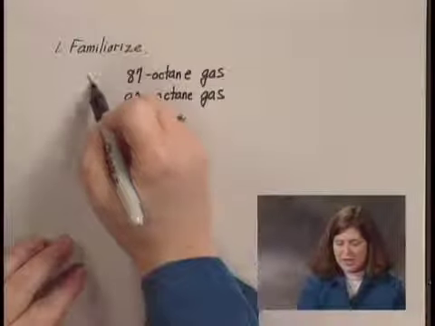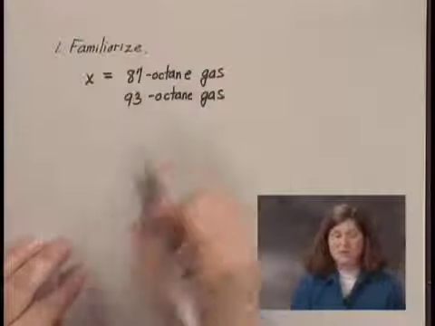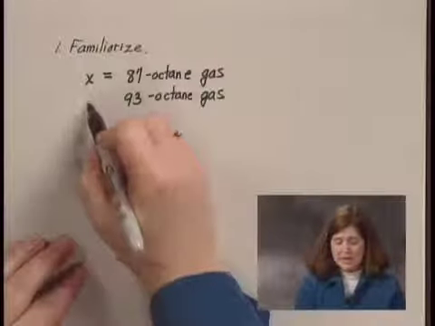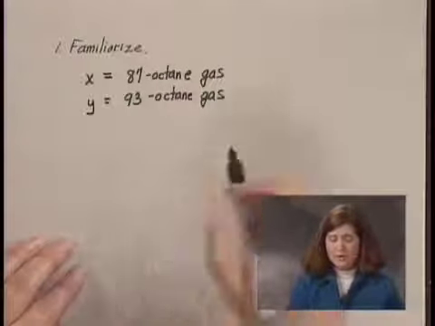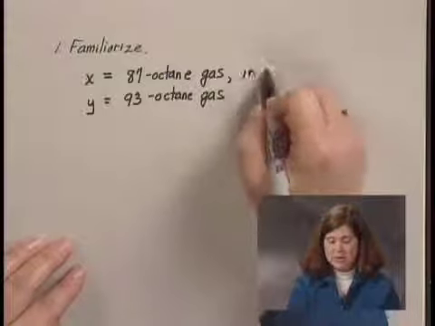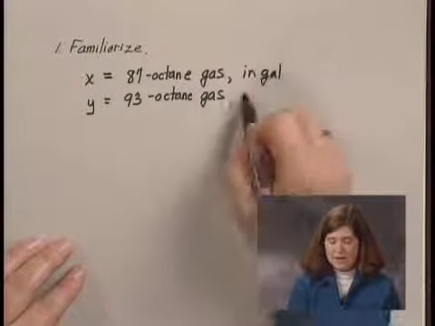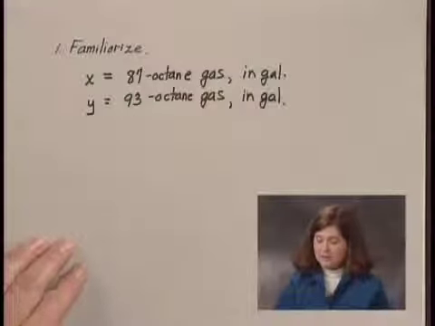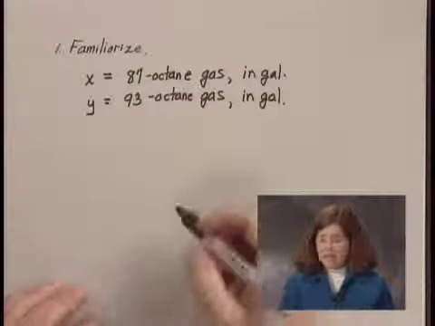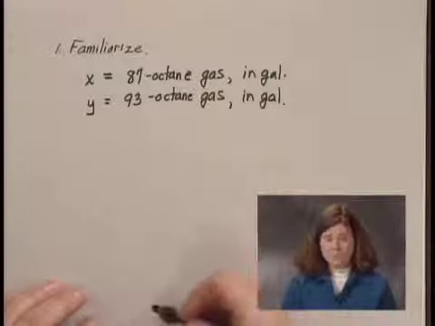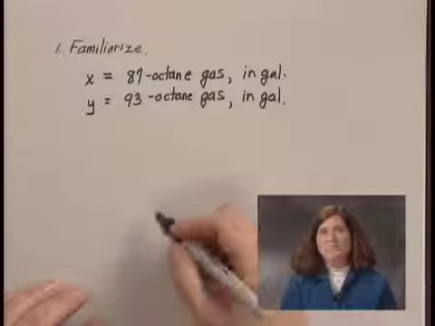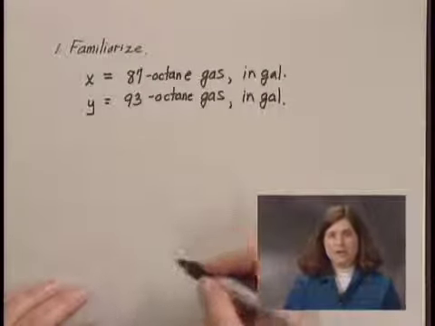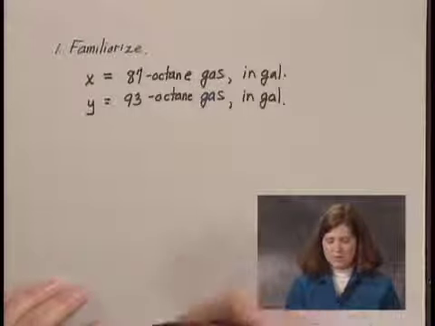So let's let X equal the number of gallons of 87 octane gas and Y equal the number of gallons of 93 octane gas, in gallons. In the table, each column should be the mixture or the solutions that we're adding to get the mixture, since we're working with a mixture problem.